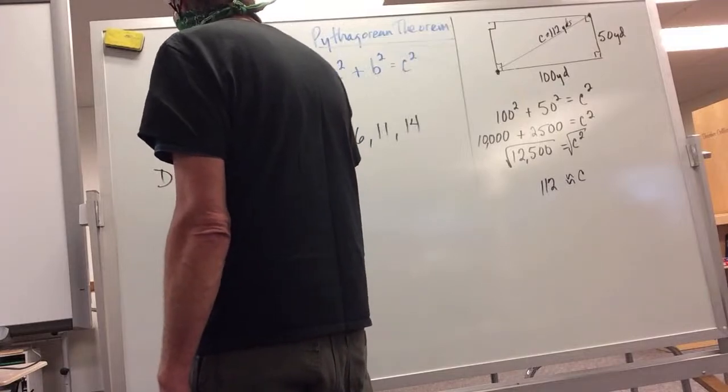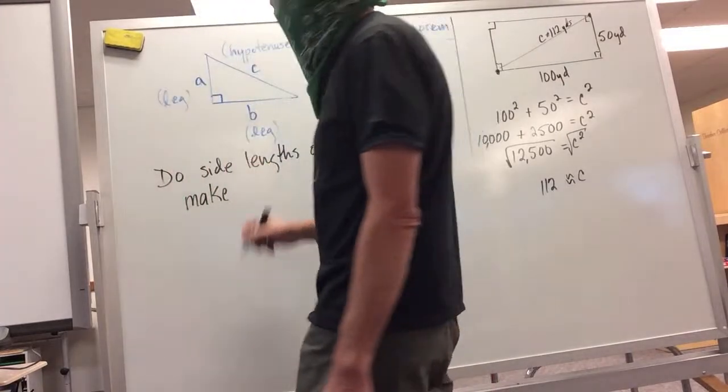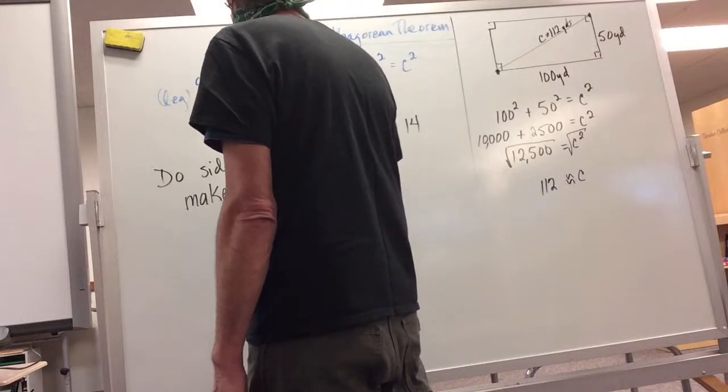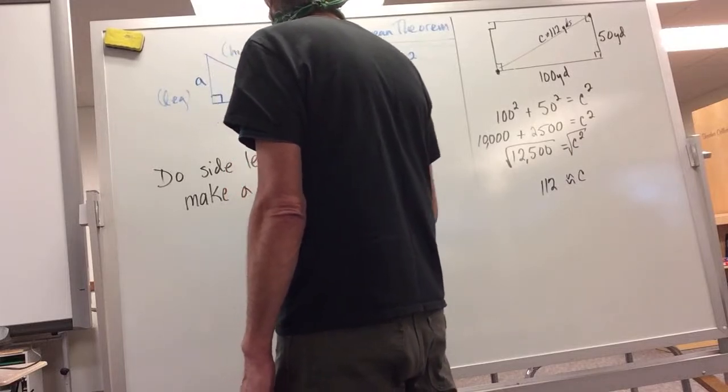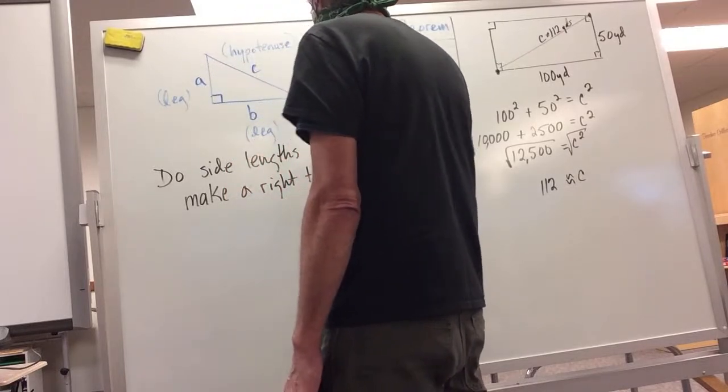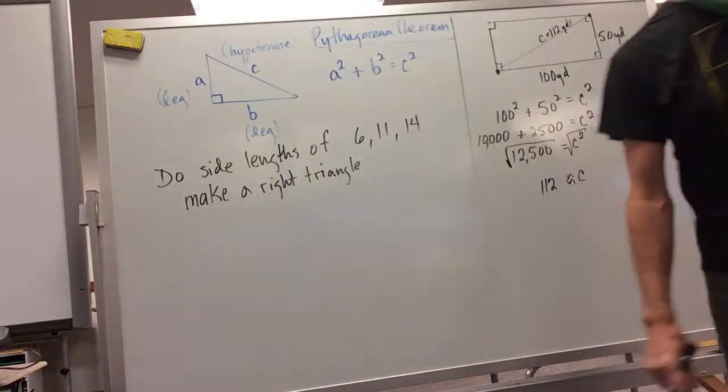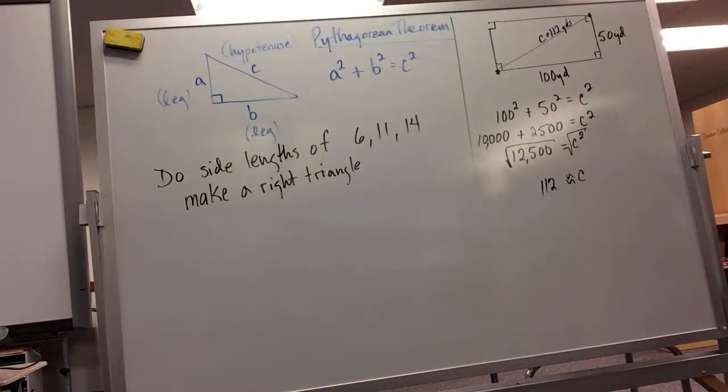I'm sorry, not make a 90 degree. Make a right triangle is what I meant to say. 6, 11, and 14, whether it's inches or feet, it doesn't matter. But if you had a 6, 11, 14 triangle, will that be a right triangle?